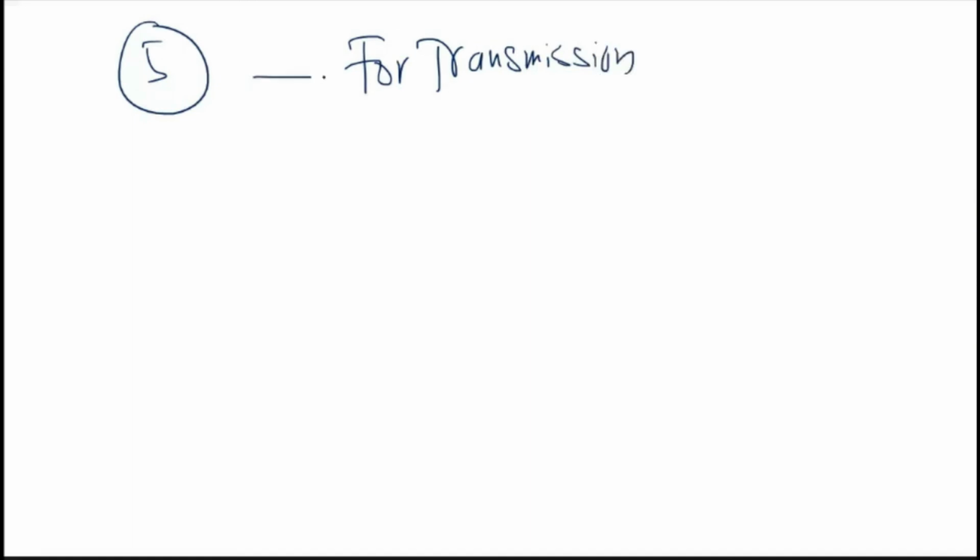Last but not the least, the all important two registers used for transmission and reception. For transmission, we have a register called UART0 transmit holding register.